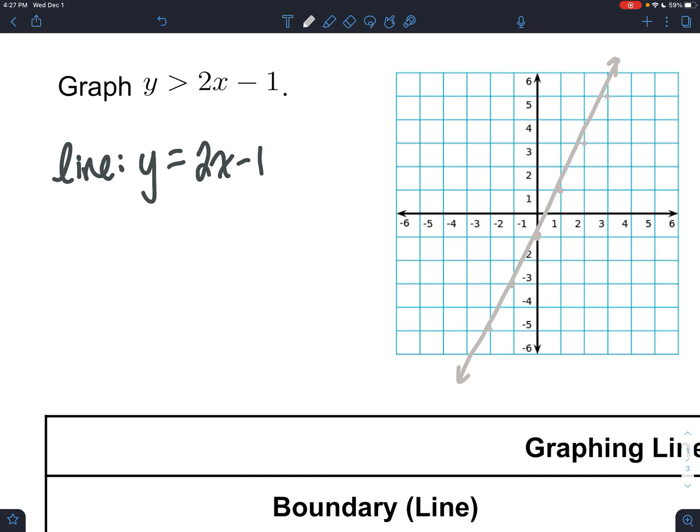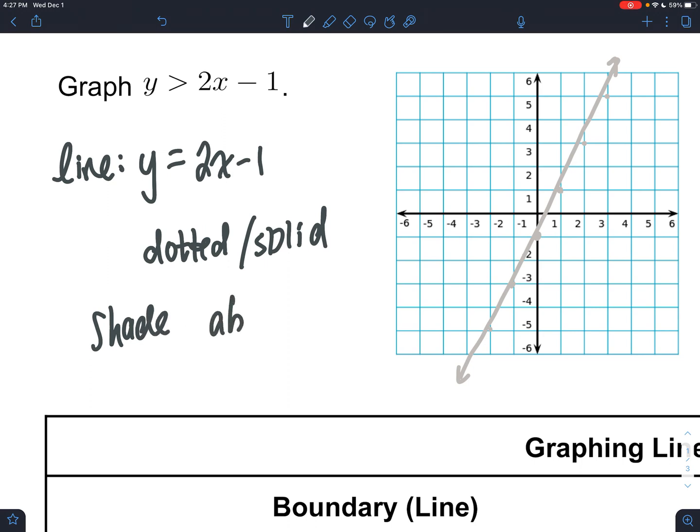Now, after you do that, in order to address the sign, you have to ask two questions. Dotted or solid? Shade above or below?